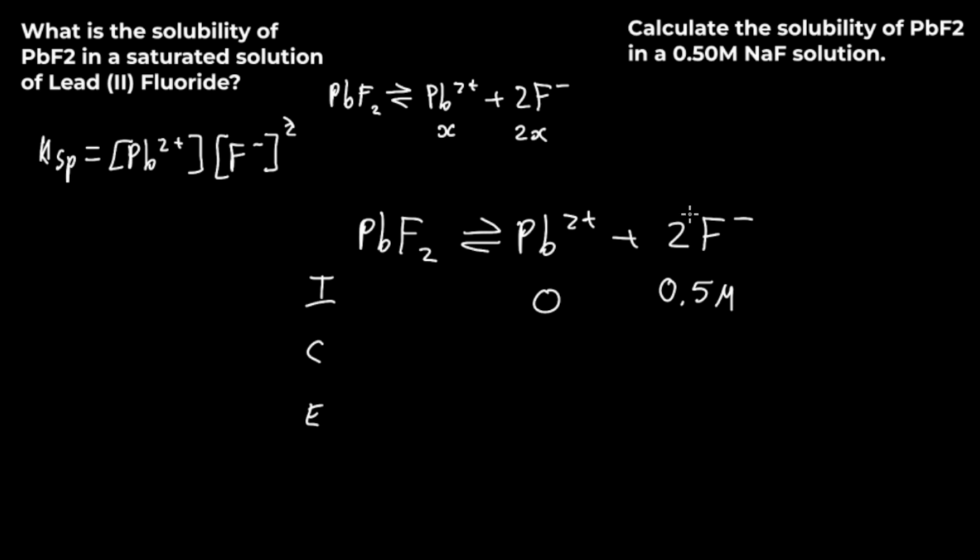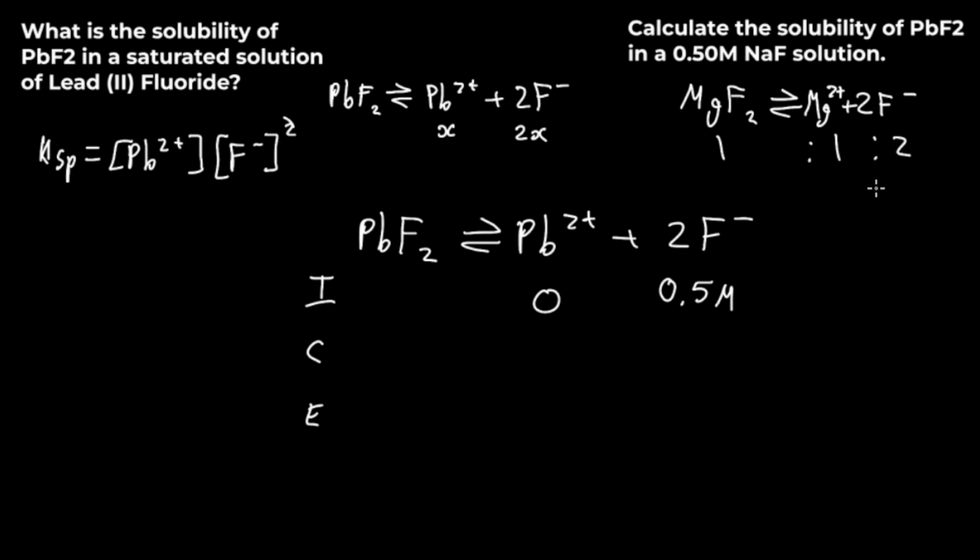And you're not multiplying by 2 yet because this 0.5 is coming from this, which has a 1-to-1. If this was something like, I don't know, like MgF2, right? Then that would go into 2F minus, and then Mg2 plus. So that means that this would be a 1-to-1 to 2.